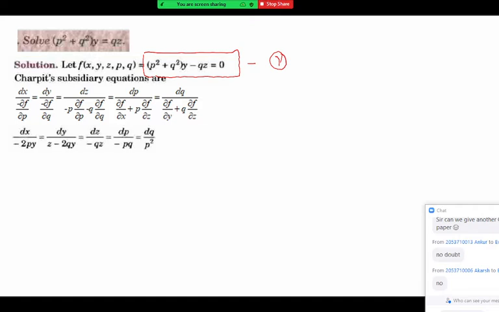Yes, p and q. So now you have to check which ratios we can compare so that we can integrate. Which two ratios we can collect together so that integration is possible? Anyone?